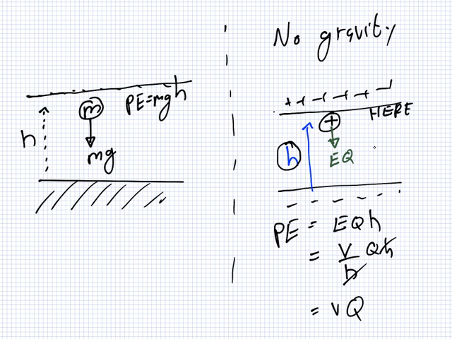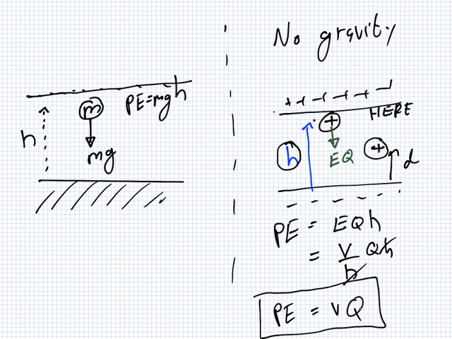If the particle is, for example, here, you can't cancel this because the h and the d are different. But we don't usually have those problems in physics. Usually the problem is it starts at the top plate and falls to the bottom plate. In the exam 99% it's like this, at the top to begin with. So it means we have this very easy formula for the potential energy. It's the charge multiplied by the voltage.